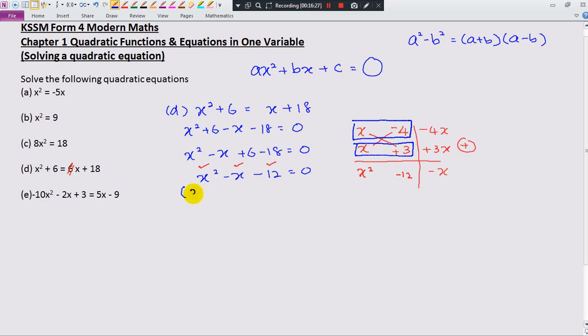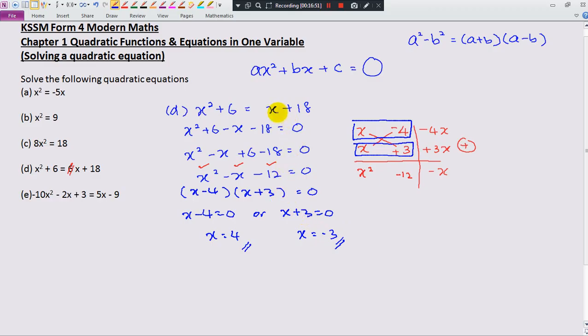Now we have x minus 4, x plus 3 is equal to 0. So x minus 4 is equal to 0, or x plus 3 is equal to 0. x is equal to 4, and x is equal to negative 3. So these are the answers for this quadratic equation.